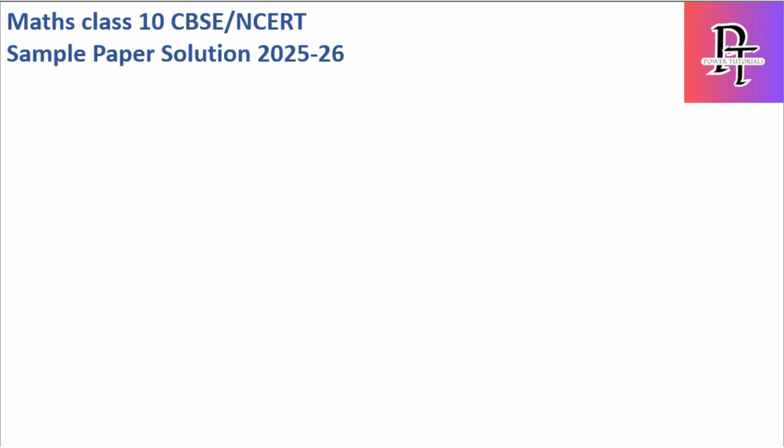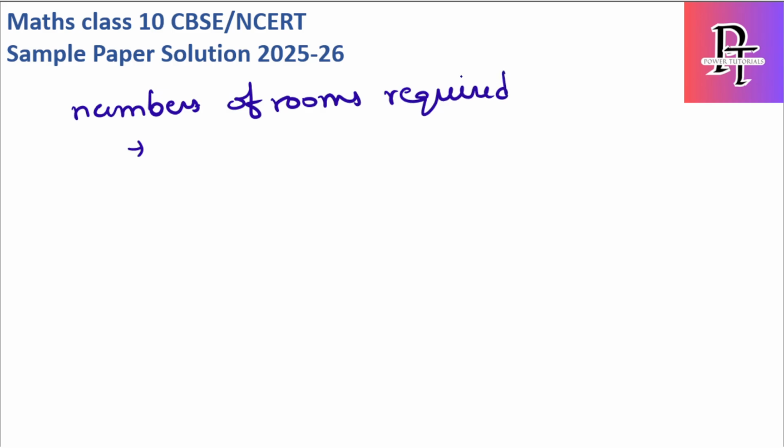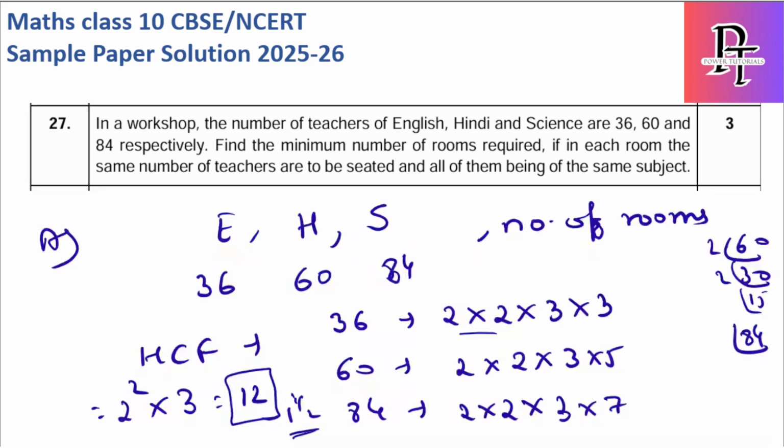Next step is number of rooms required. What I have told you, we have to divide each number with HCF.